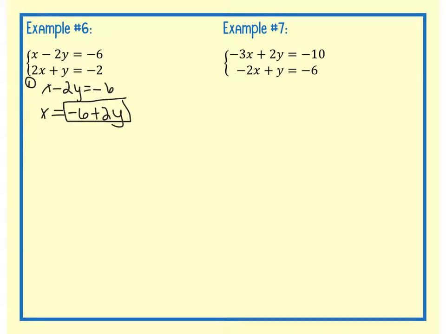Step 2 is once I solve for one variable, I want you to substitute it into the other equation. So I'm going to plug it in. I'm going to substitute it in for the x value since that is what I solved for. Okay. Then I distribute the 2 into the parentheses.